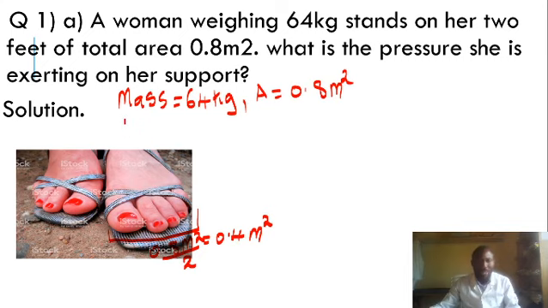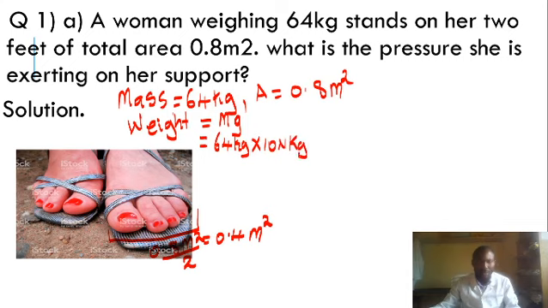We need to first get the weight. Weight of the woman will be the mass times acceleration due to gravity g, and the mass is 64 kilogram, and the acceleration due to gravity is 10 Newton per kilogram.